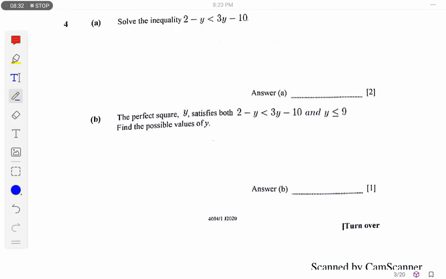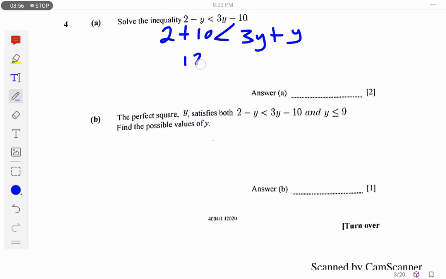This I can take the minus y, this one goes this side like that. Okay, so it means I'm going to have 2. This one, I take it this way, it becomes a positive. So I'll have 2 plus 10 less than 3y plus a y there, like that.